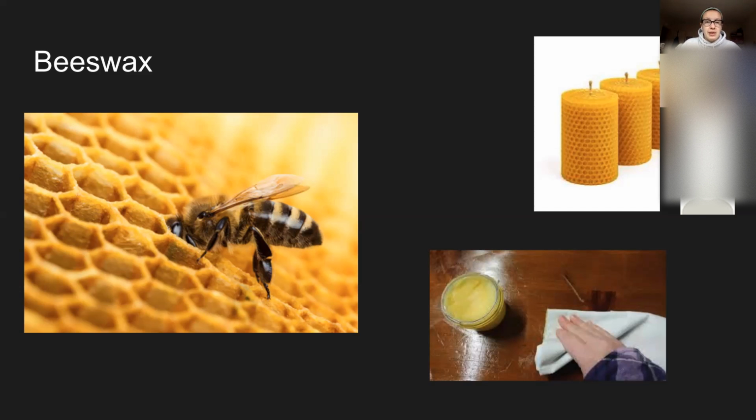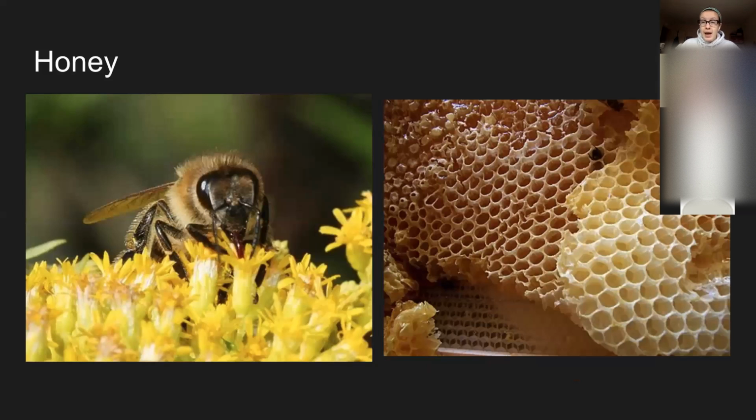When they're storing things in the beeswax in those cells, if they're not storing larvae or pupae, they're storing honey. I think you probably all know what honey is, but it's made by bees and some related insects, and they produce it by gathering the sugary liquid that comes from plants, so nectar. Then they regurgitate it, which sounds kind of gross, but they're spitting up the nectar that they bring back.